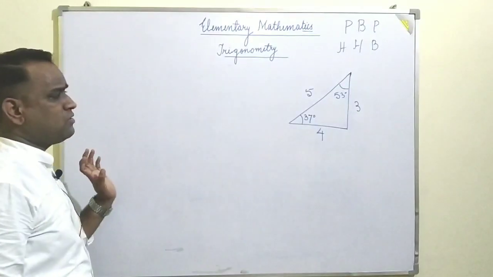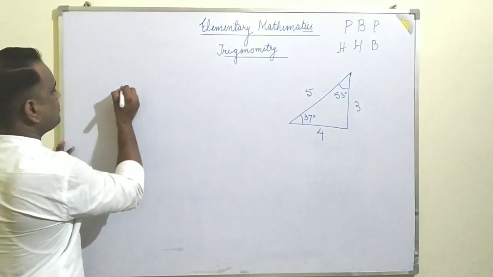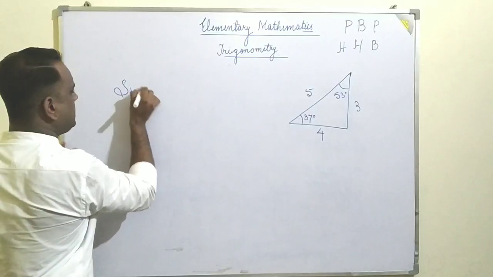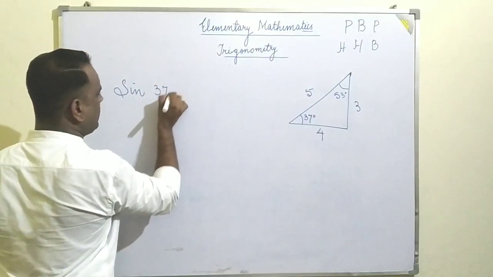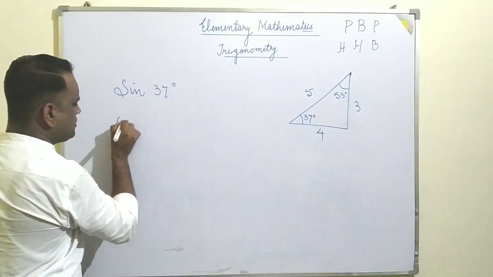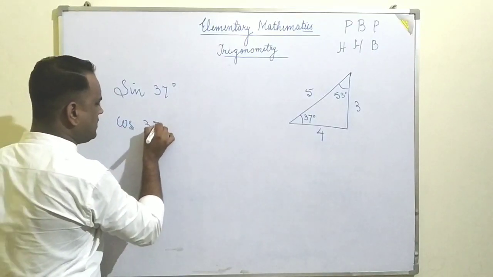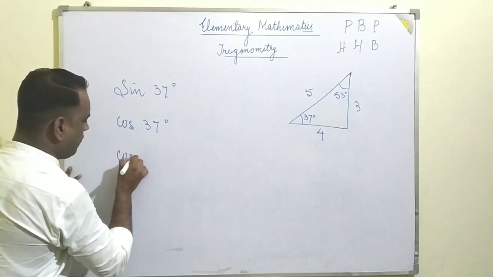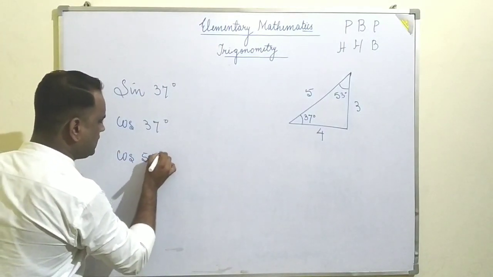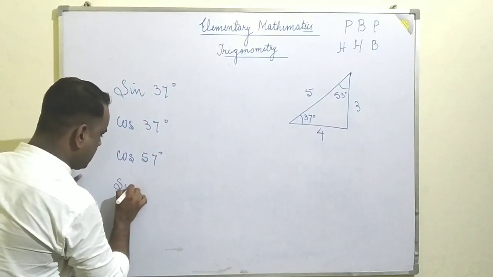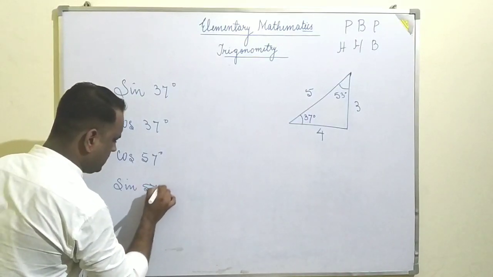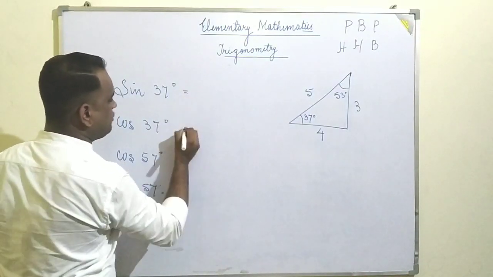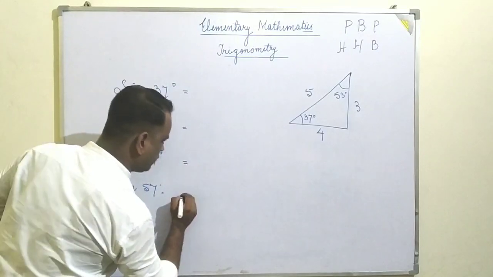Now what can we observe from here? We will find out the value of sine 37 degree and cos 37 degree, and from here cos 53 degree and sine 53 degree, because these values are frequently asked in your numericals.